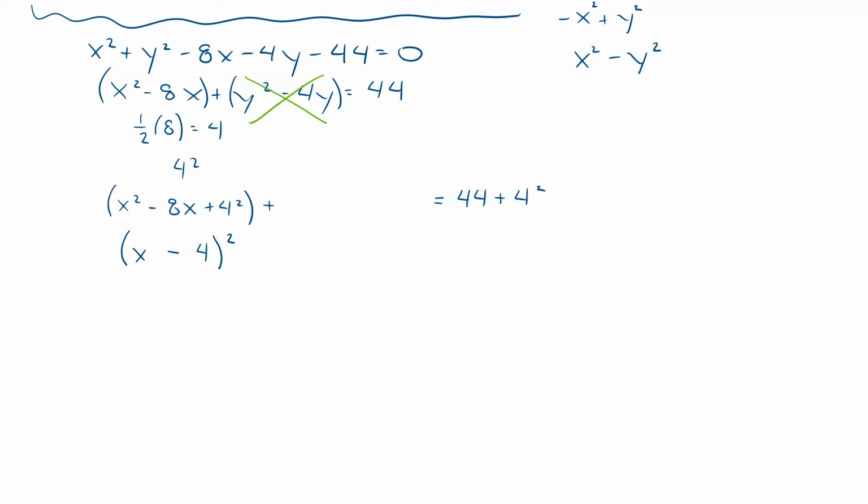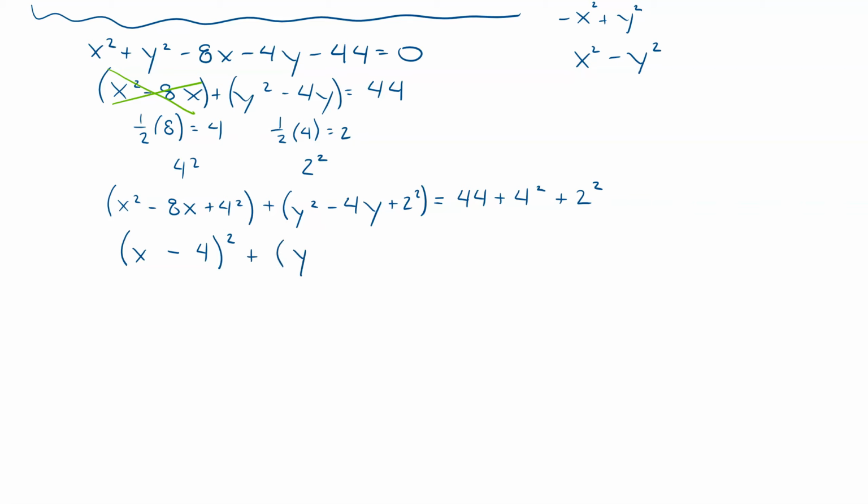So now we can look back, stop ignoring the y's, and instead ignore the x's and do the exact same thing for the y's. We need to form a perfect square for the y's. We need to complete the square. So we're going to go 1/2 of the middle term, square it, and add that to both sides. So we have y squared minus 4y plus 2 squared, and then again plus 2 squared.